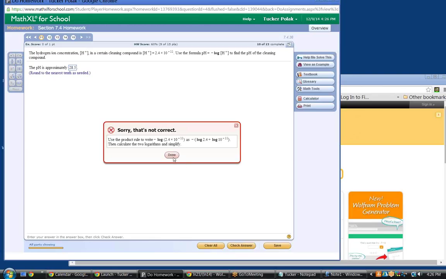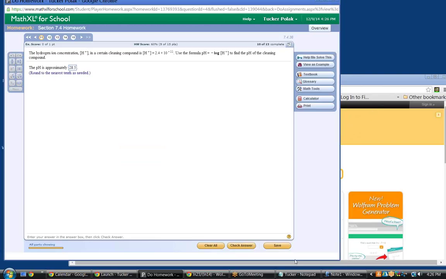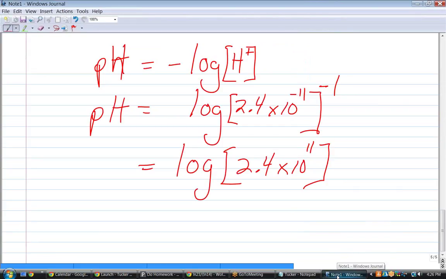Now, let's go back and rethink this. So, I was correct when I moved the -1 up to there. But what I didn't do, in other words, what I really need to do, let's leave the minus down here for a moment.